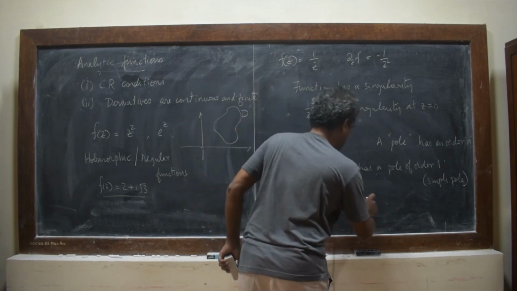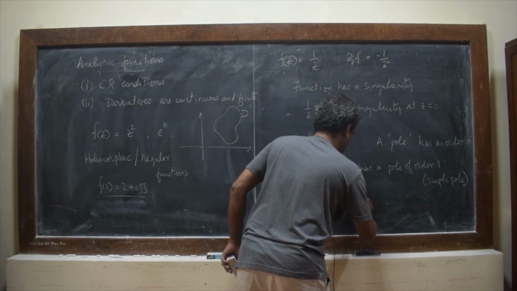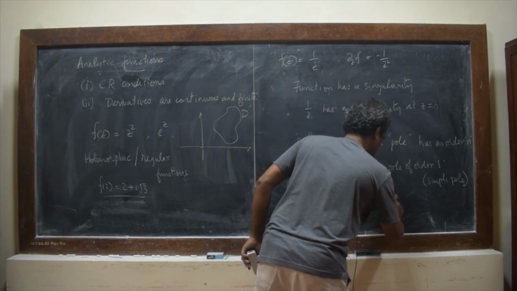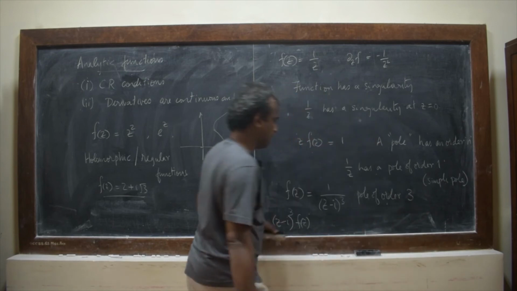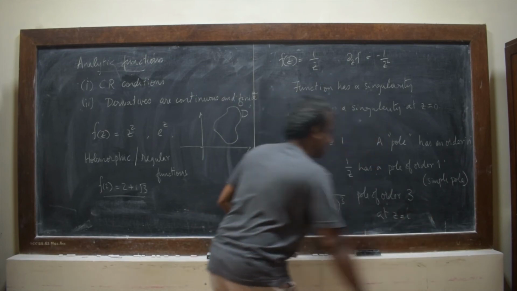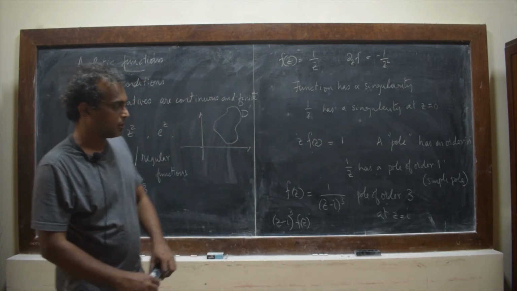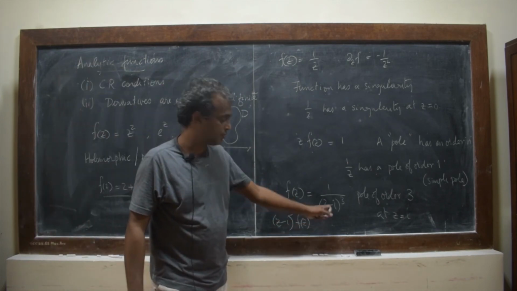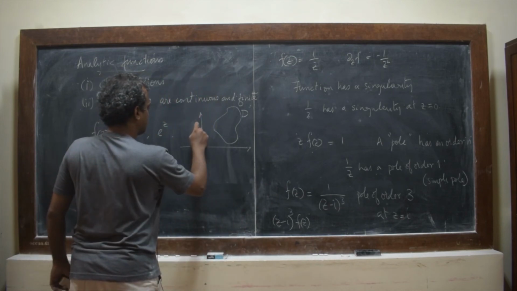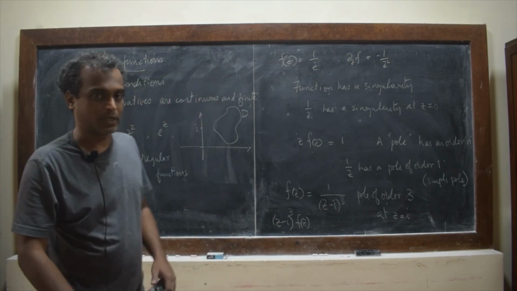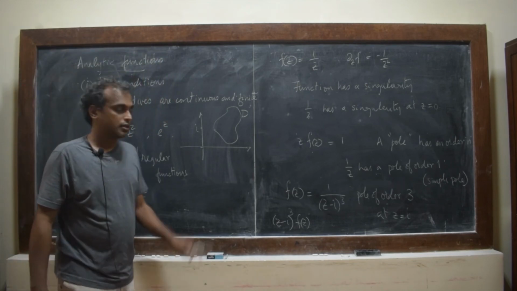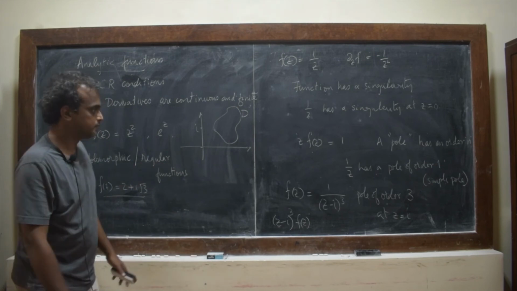Hence, we say that this function has a pole of order 3 at z equal to i. So, z equal to i is a pole of order 3 for this function. Mind that this is the point z equal to i on the complex plane, a completely imaginary point, on the imaginary line.